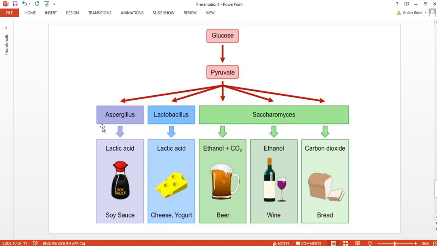So through the lactic acid pathway, things like soy sauce and cheese can be made, or through the ethanol pathway, we can have things like beer and wine, or with the carbon dioxide produced through this ethanol pathway, we get bread. So for humans, it's very beneficial to know about anaerobic respiration because through biotechnology, or the use of these organisms, we can manufacture food and other products for our consumption.